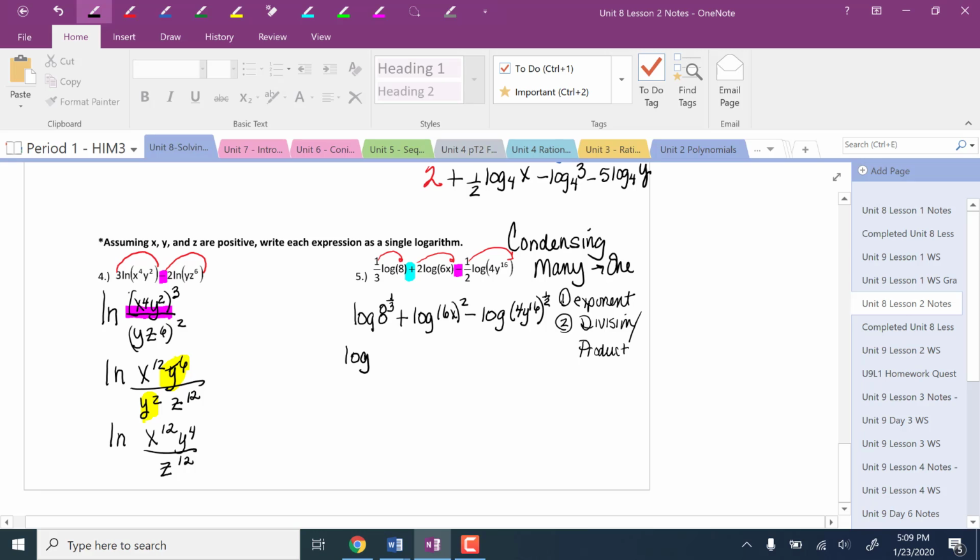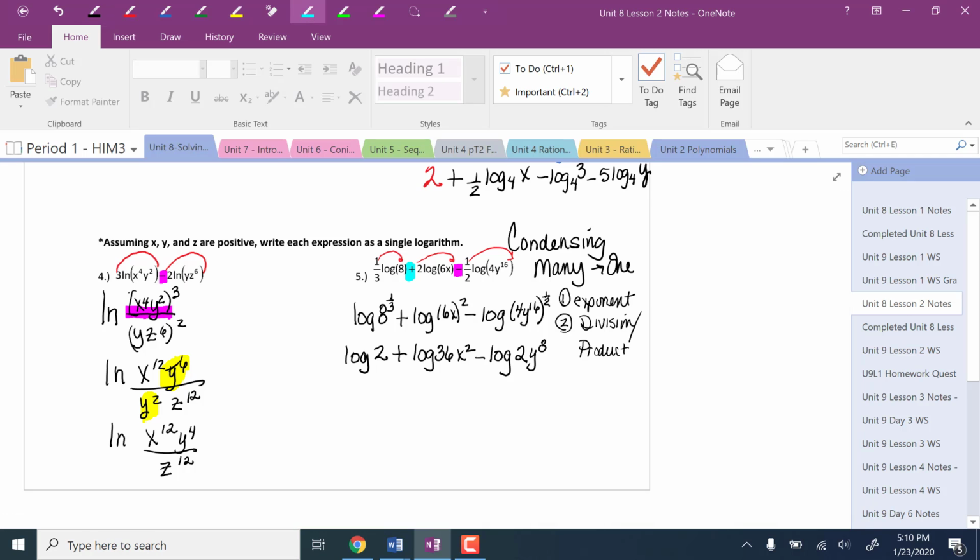That's my third root, so I could write this just as the common log of 2 plus the common log of 36x squared minus the common log of the square root of 4 is 2. I'm going to extract the square root out of y to the 16th and end up with y to the 8th.